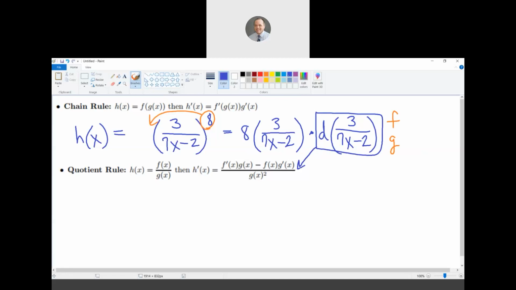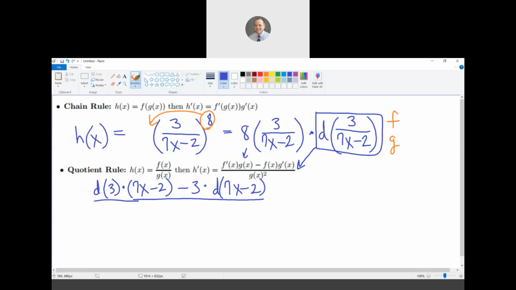So let's plug everything into our quotient rule. The derivative of f, or derivative of 3, times g of x, the original g, 7x minus 2, minus your original f of x, which is 3, and then times the derivative of g of x, or the derivative of 7x minus 2.